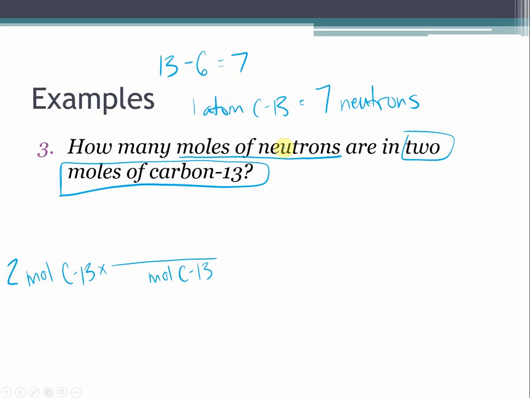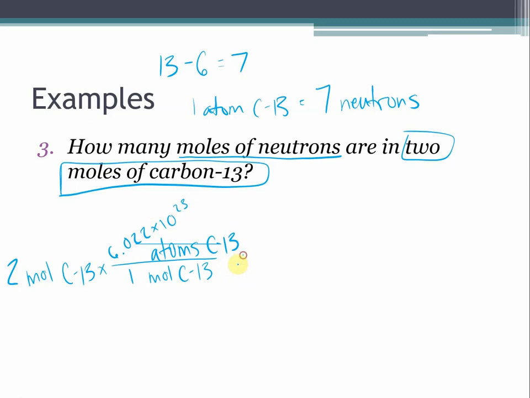Before we can get to neutrons, we have to figure out how many atoms we have. Neutrons are a smaller piece, so we need to find the larger piece, the atoms, before we can go to the smaller piece, the neutrons. So first we'll convert to atoms of C13. Once again, 1 mole is 6.022 times 10 to the 23rd atoms.